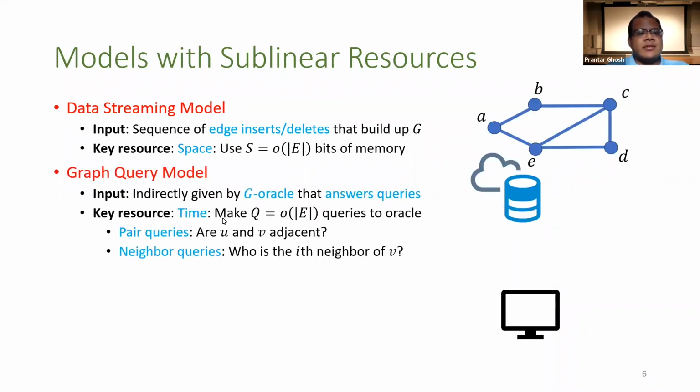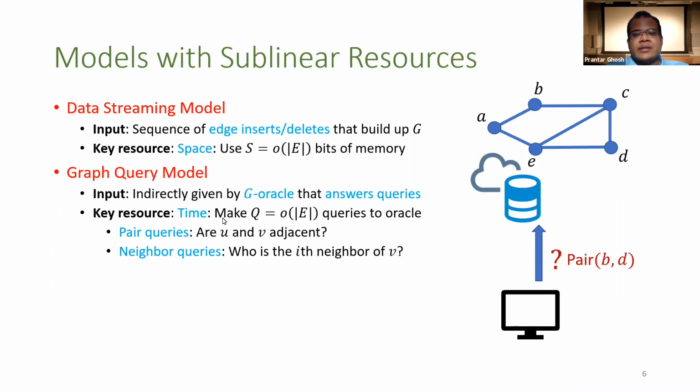The next model we study is the graph query model, where we have oracle access to a graph, and we can make queries such as asking if two particular vertices share an edge or not, and the oracle checks it and replies the answer.